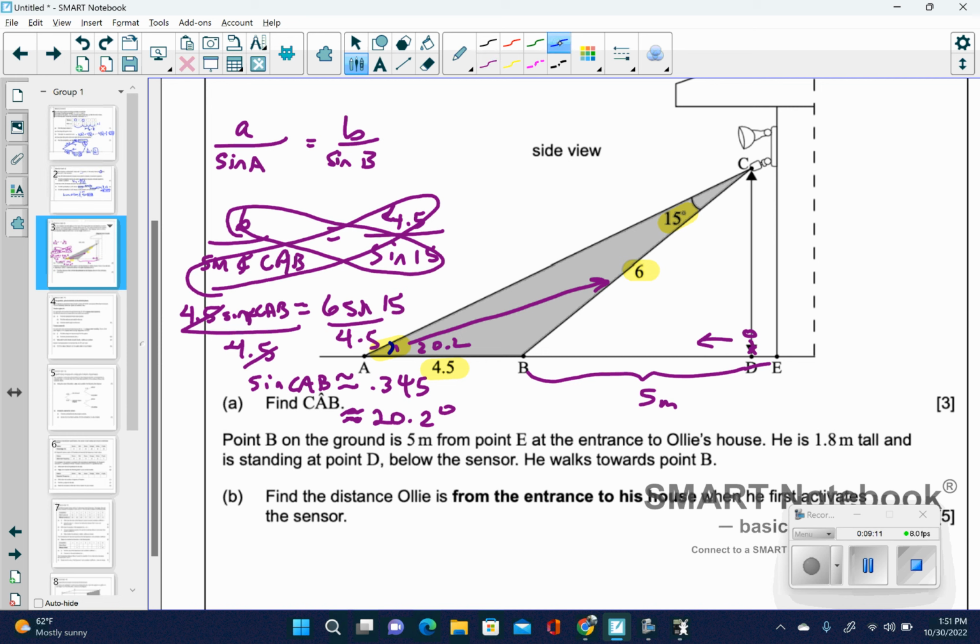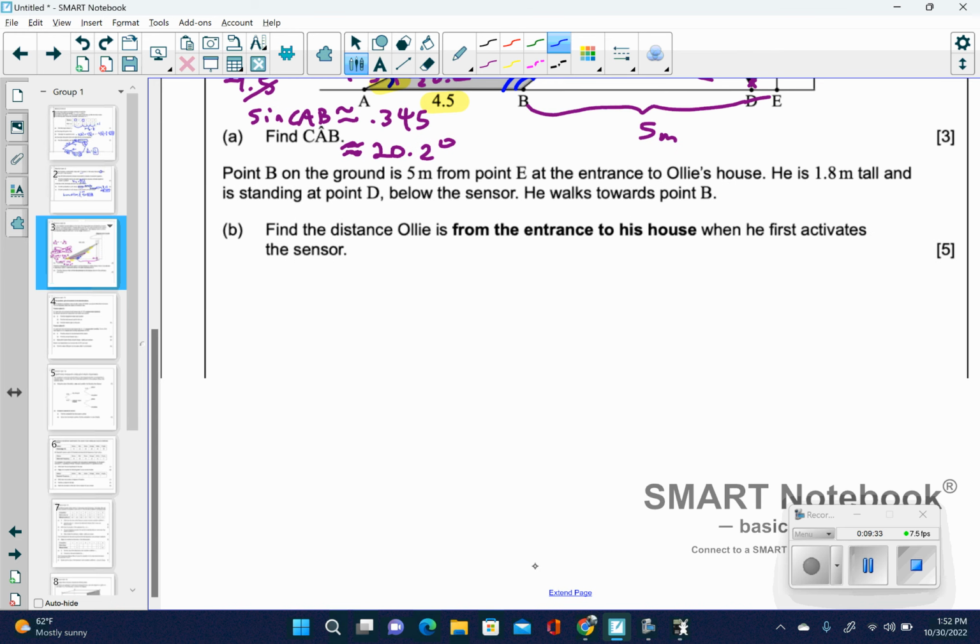Let me just go ahead and change colors. So we know that this is 15 degrees, this is 20.2, so we can easily find this angle right here by subtracting both those from 180. So you do 180 minus 20.2 minus 15, and that's going to give us 144.8. All right, so I'm going to go ahead right here and just put our steps down.